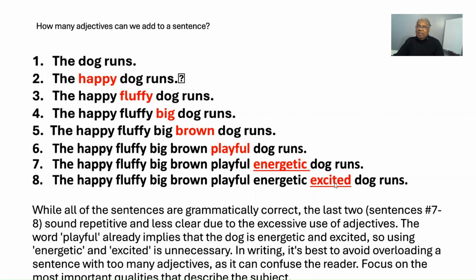We've added 7 adjectives to the simple sentence, the dog runs. While all of the sentences are grammatically correct, the last 2 sentences, number 7 and number 8, sound repetitive and less clear due to the excessive adjectives used.